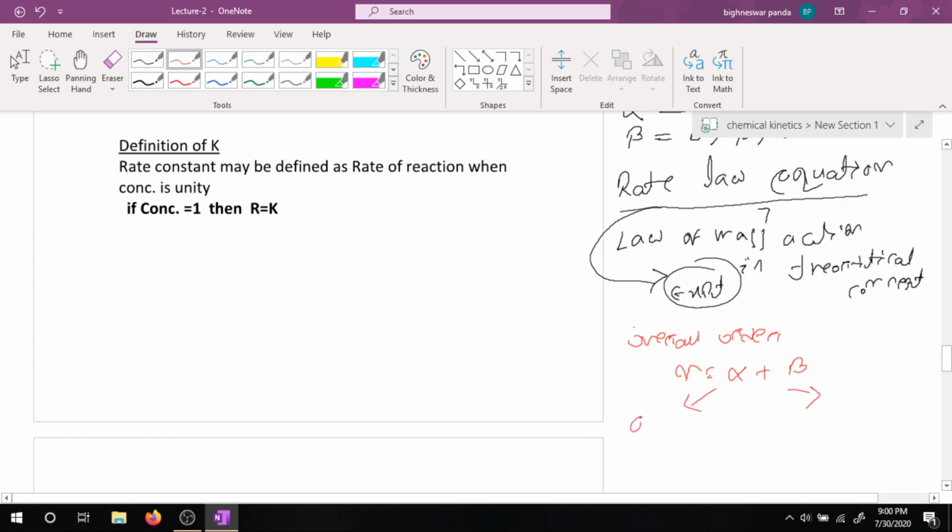Alpha plus beta is the overall order of the reaction.